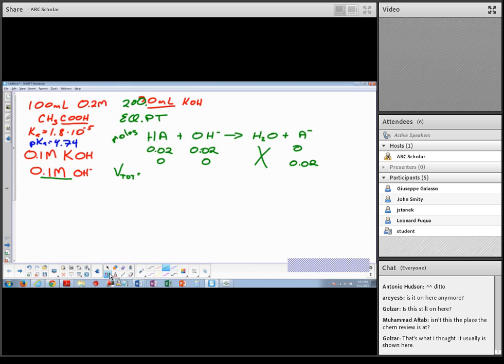Okay, we're up at the 300 milliliters now. So at 300 milliliters, what's my concentration of conjugate base? Oh, that's the moles. So moles divided by 0.3 should be 0.067 molar.